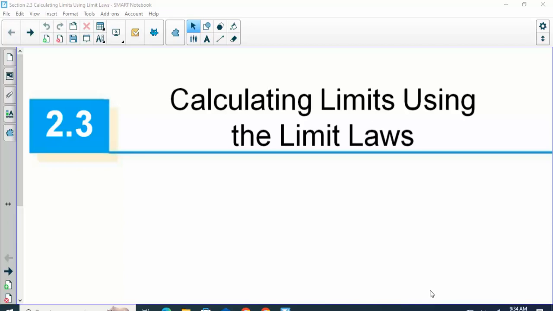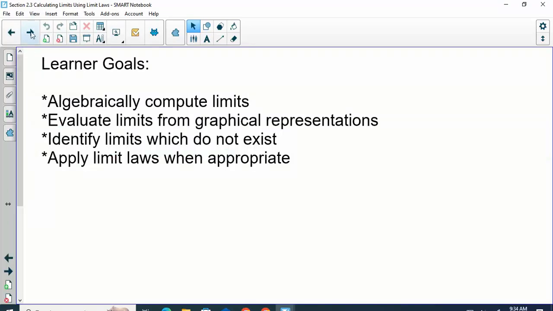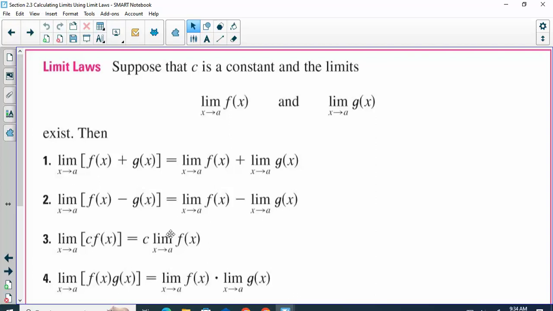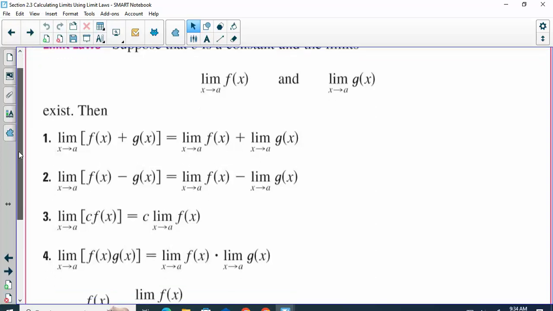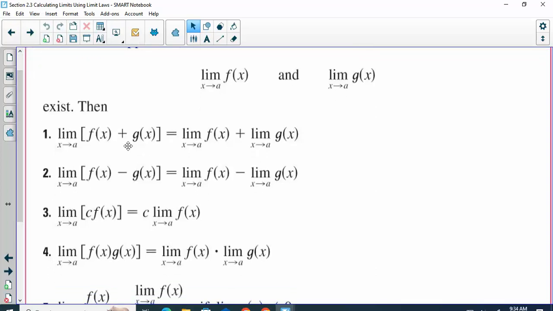We're going to use limits all year long, so we don't want to have to make these every single time. And it turns out there are some shortcuts. So these are the limit laws, the things that we can now assume are true. So if you have the limit of two things added together, you can do individual limits.